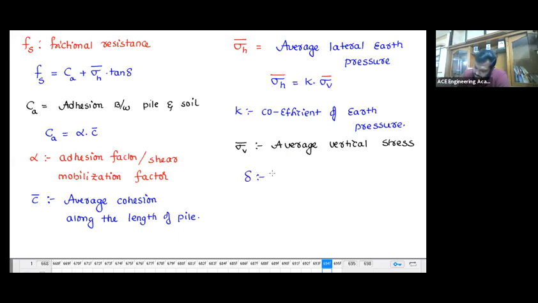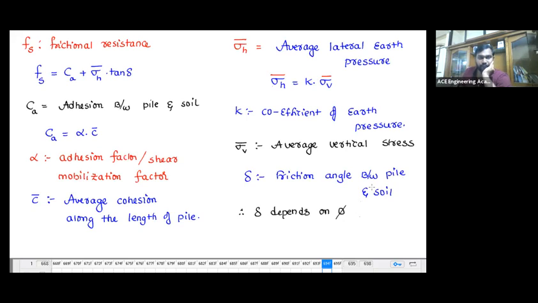The delta is the friction angle between pile and soil, and this delta depends on the angle of internal friction.